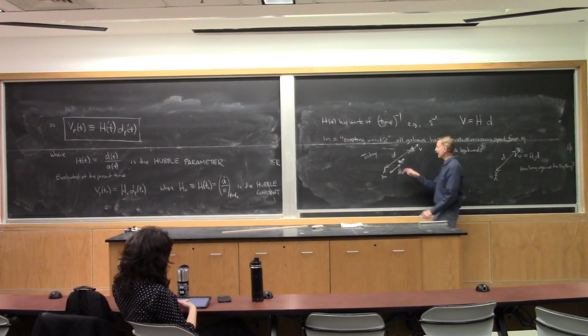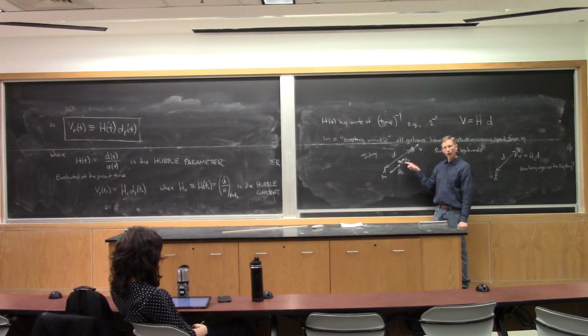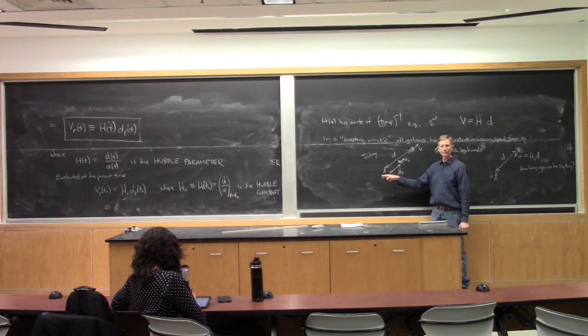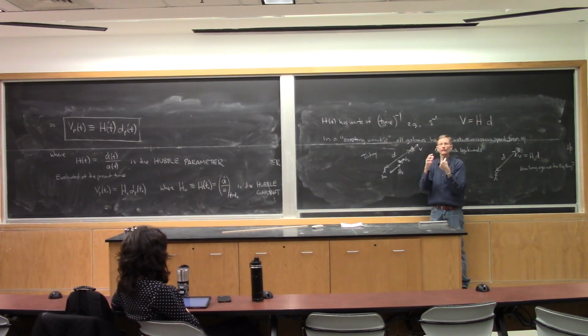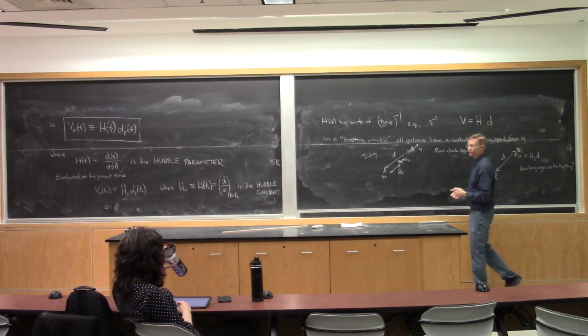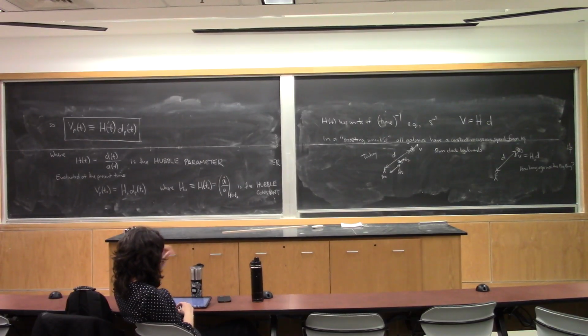And this galaxy half as far away, it's only moving at speed v over 2, will also be on top of us at the same moment because it has half as much distance to cover at half the speed. So if I run the expansion backwards, everything lands on top of everything else at exactly the same moment. Because something twice as far away is moving twice as fast, something 3 times as far away is moving 3 times as fast.